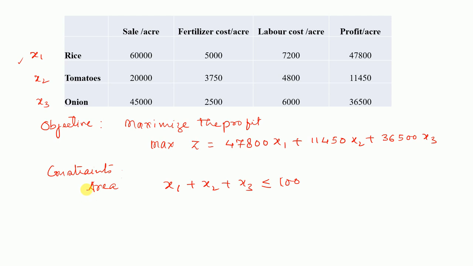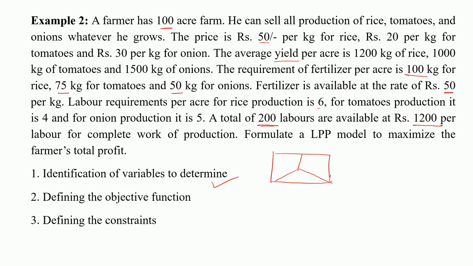Is there any other constraint? Now look at this. A total of 200 labors are available. For rice production, 6 labors are required per acre. For x1 acres of rice, it is 6x1 plus 4x2 plus 5x3.